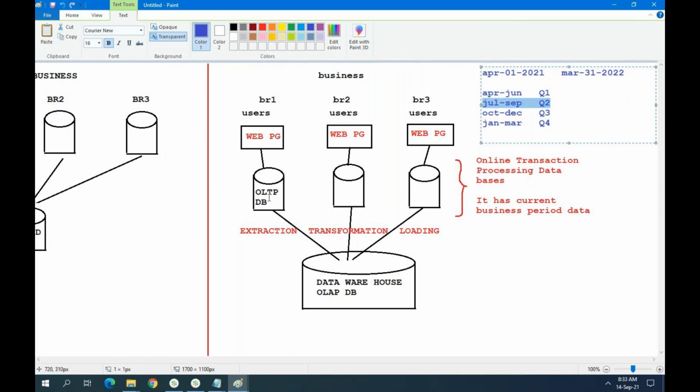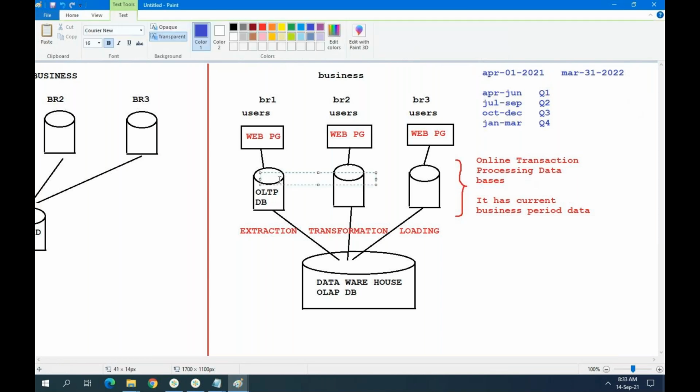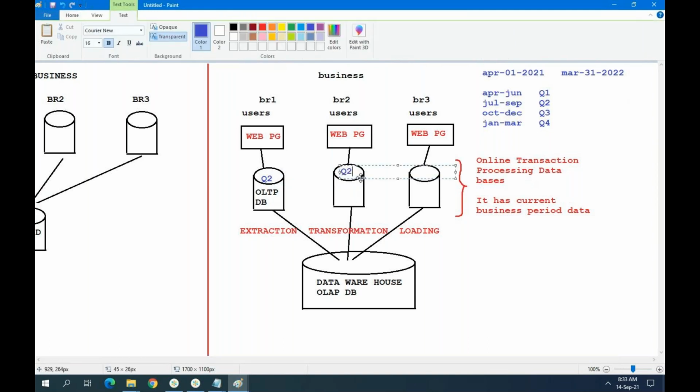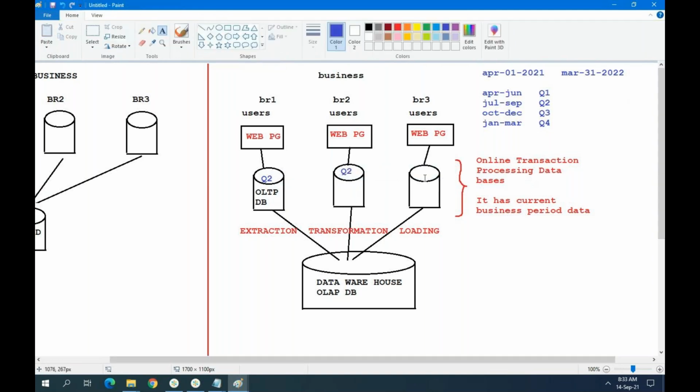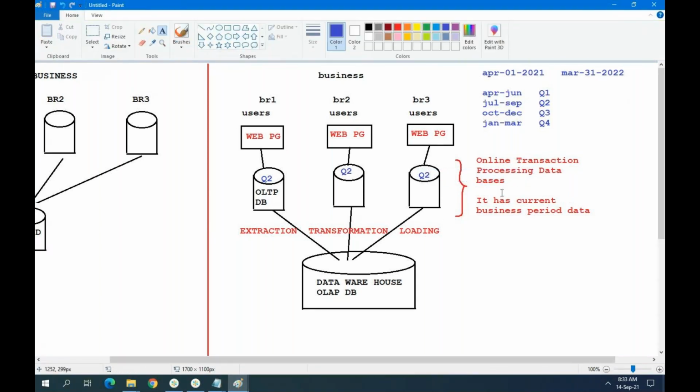Remember, guys, only Q2 data, don't confuse, is present in our OLTP database. OLTP databases only contain current business period data.